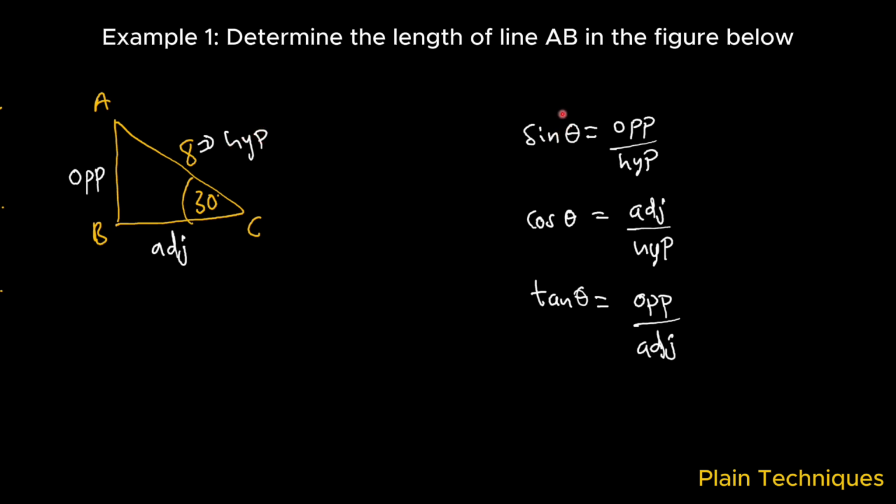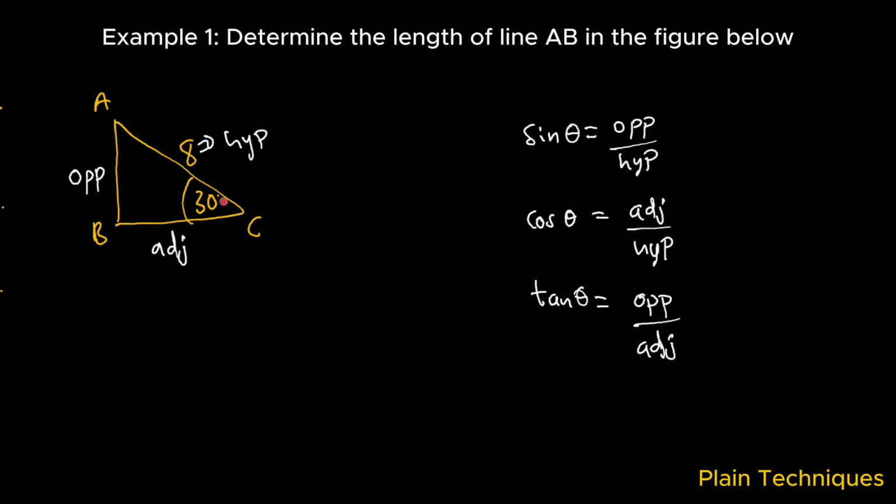Now, we need to know which one of the three trigonometric ratios to use when you are given a figure like that, right? So, how do you know which one to use? Obviously, we are given the angle, and all of them contain the angle, so that part has been ticked, right?